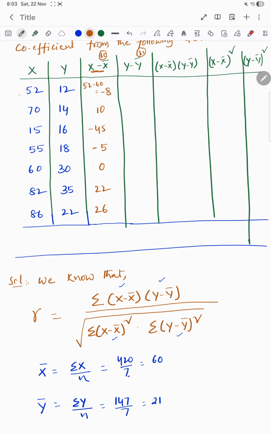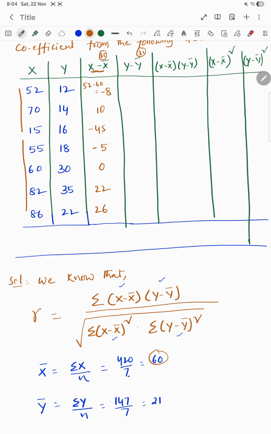I have done x minus x bar. X minus x bar means from all these x values I need to subtract my x bar, that is 60. So 52 minus 60 I will get minus 8, 70 minus 60 I will get 10, 15 minus 60 I get minus 45, 55 minus 60 minus 5, 60 minus 60 0, 82 minus 60 22, 86 minus 60 26.